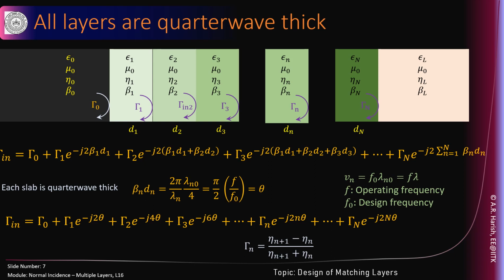This is the reflection coefficient at which place? Between layer n and layer n plus 1. Yes, that's gamma small n. So the convention I'll be using is, when I write gamma n, it is the reflection coefficient at the layer n. If I write gamma in, it is the overall reflection at the input of the system.